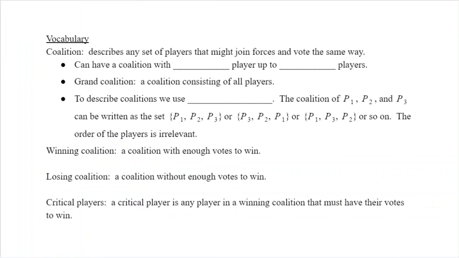So, a coalition describes any set of players that might join forces and all vote the same way. You can have a coalition anywhere from 1 player to all of the players. A grand coalition would consist of all players. So, to describe a coalition, we are going to use set notation.